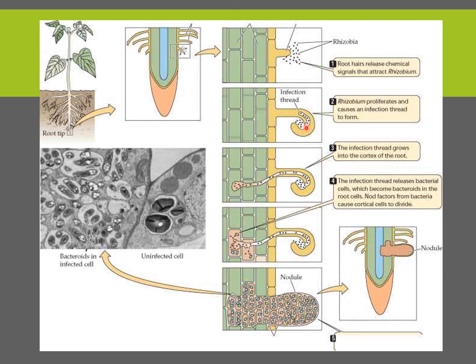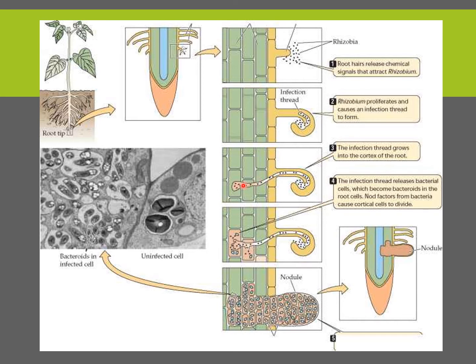The infection thread is lined by cellulosic substances of the plant, and within it you can see the bacteria. The bacteria here are represented by black dots. As the infection thread keeps growing interior to the plant, the bacteria are transported through this tunnel towards the root cortex. So they reach the root cortex only through this channel that is called the infection thread.